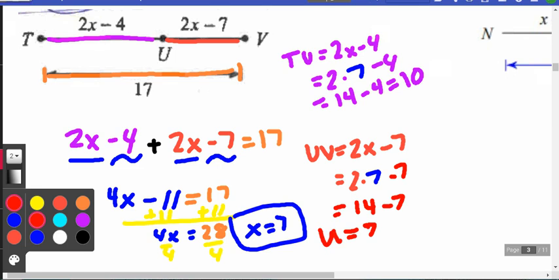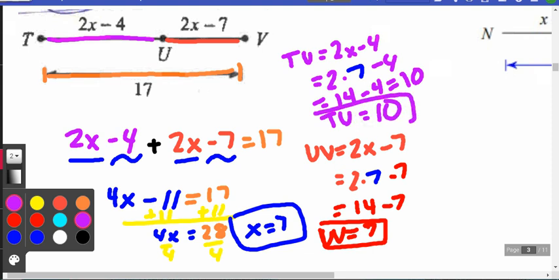So UV equals 7 units, and TU equals 10. Now, to check your work, add the 10 and 7, and it results in 17, which means we have done our math correctly.